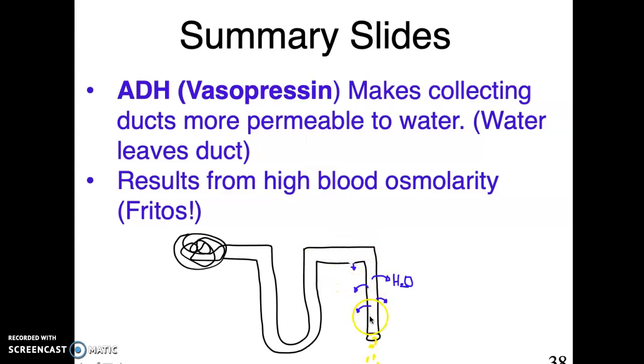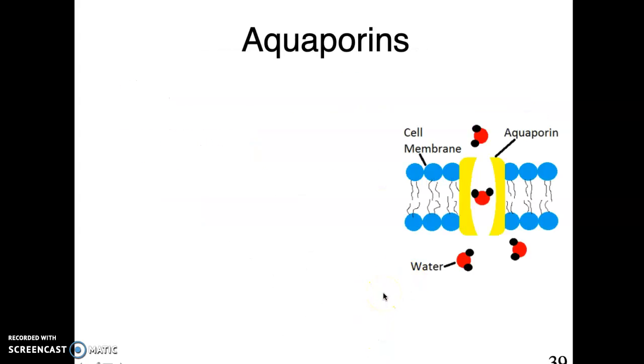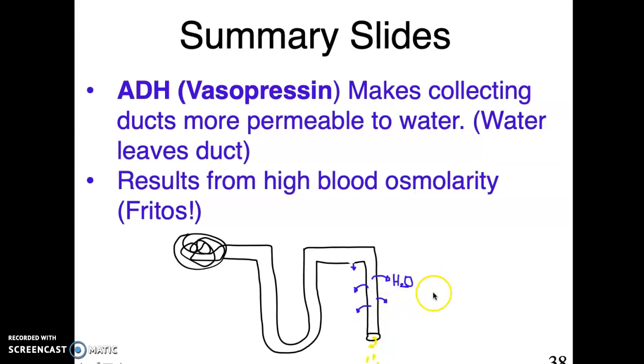So this is my collecting duct, and the osmolarity is high because you ate all the salt. Whereas we ordinarily would have kept this water and you would have urinated it out, what happens now is it altered the permeability of the collecting duct, meaning it made it more permeable and water escapes. If water escapes, it goes back into the blood and you fail to urinate it out. So you ate your Fritos, you release ADH, you reabsorb more of that water, and do not urinate it out.